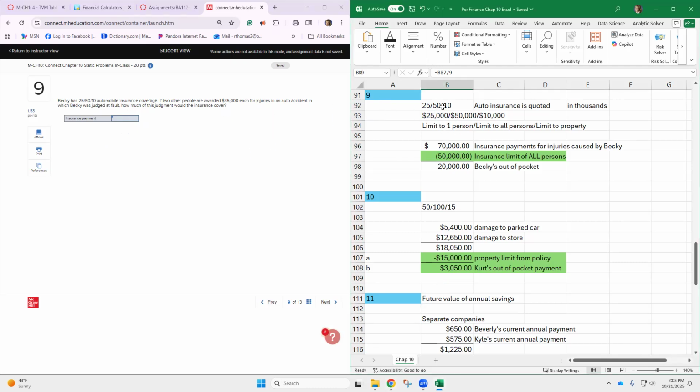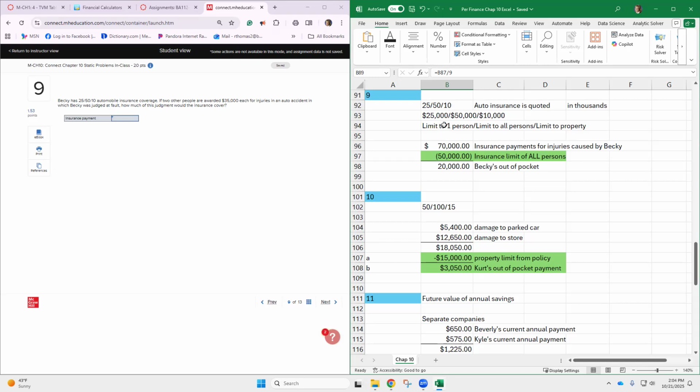So let's understand that when you see 25-50-10, or 25/50/10, I'm sorry, that's forward slash. Okay, that is describing the 3 limits. And these are in thousands. So it's 25K, 50K, 10K.